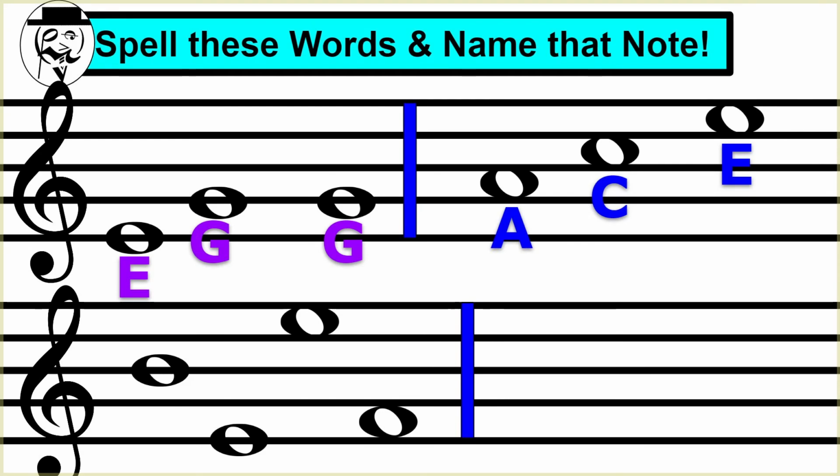So when we read, we want to read just like we would a book, but in this case, instead of starting way up here, we start with the note that is furthest to the left. So we'll start with that note there. And then basically we do a zigzag. So this is the first note, this is the second note, the third note, and the fourth note. And so that's what we're trying to figure out.